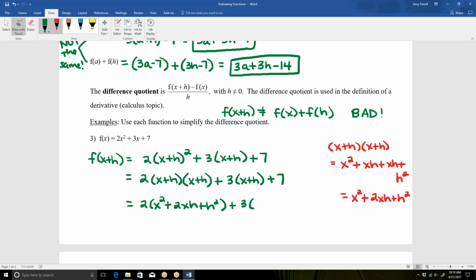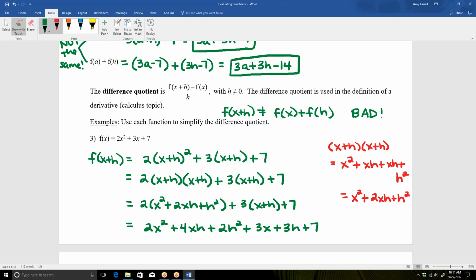And then I have my 3 times the quantity x plus h plus 7. Okay, now I'm going to distribute, and then I will have the beginning of the difference quotient here. So I'm distributing. Okay, so here's my f of x plus h.